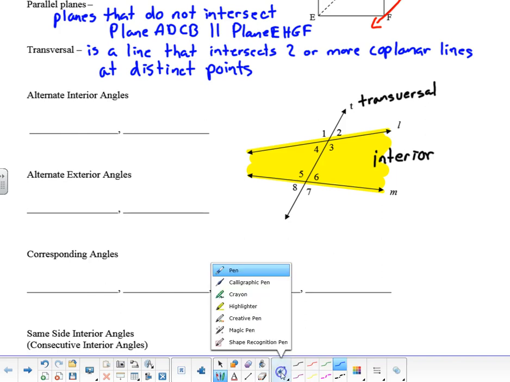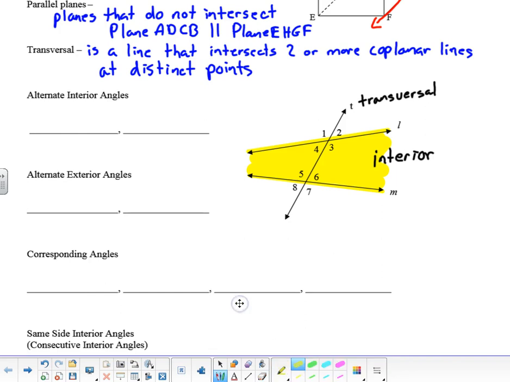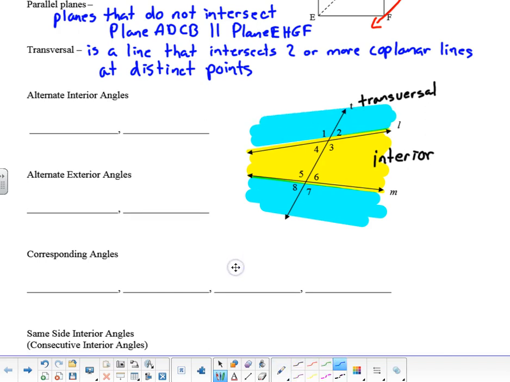And then we have points that are on the outside, out here or up here. Those would be what we call exterior, because they're outside of the two lines. So when we talk about interior and exterior, we first have to define the two lines that we're talking about.